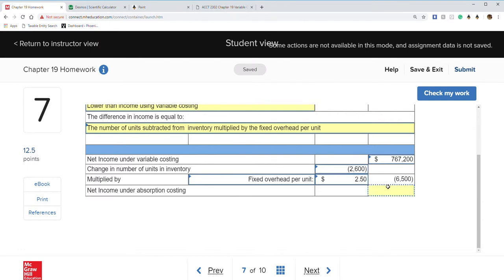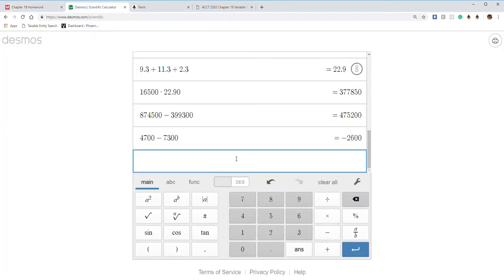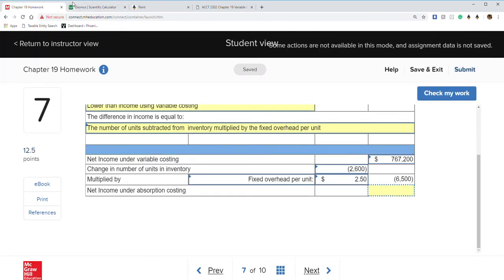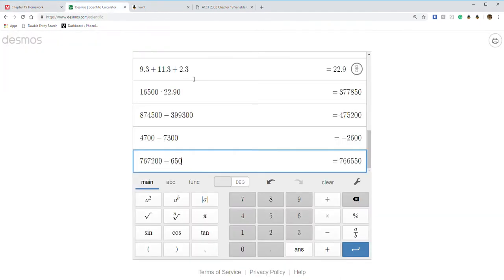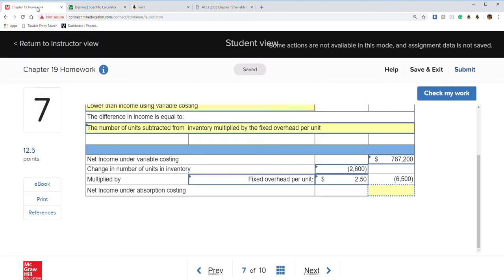So we have a negative 650,000, and we have to subtract it from that 767,200, and we come out to 760,700.